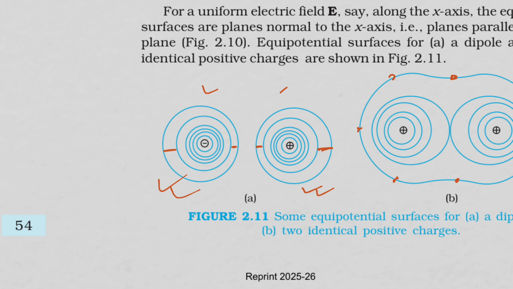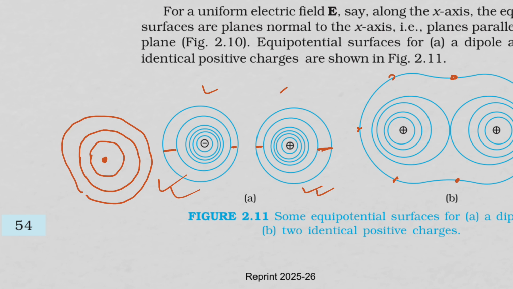For a dipole, the equipotential surface looks like an elongated version, where between the charges the surfaces are less thick than far from the two charges, on the other side of the charges. But if there is a single point charge, then it is equidistant. Since we included two charges, in the case of an electric dipole it looks different.